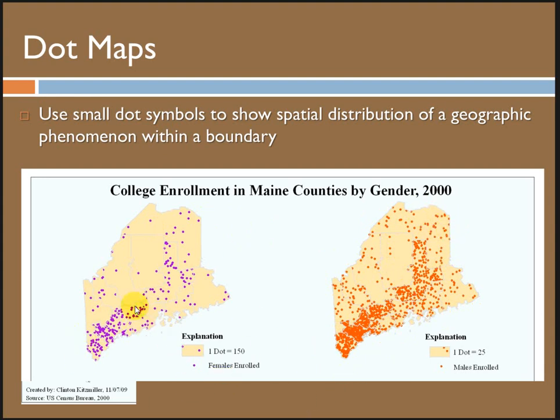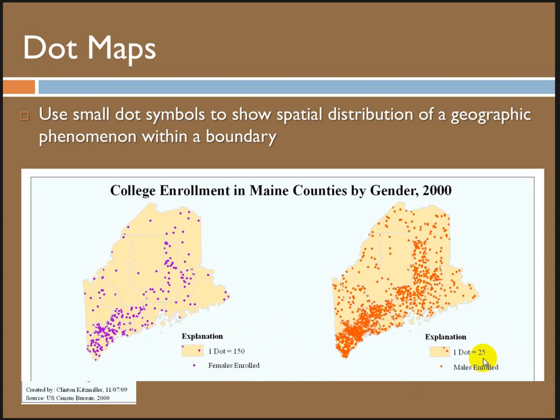The other thing to think about is when you're creating side-by-side maps in a figure like that, you need to be really careful that one dot, if it doesn't equal the same amount, and I can understand why they wouldn't. So here we're dealing with enrollment in Maine, college enrollment by county, by gender. And here, for females, one dot equals 150 females, and here, one dot equals 25 males. That's a little bit misleading if you bury this information.